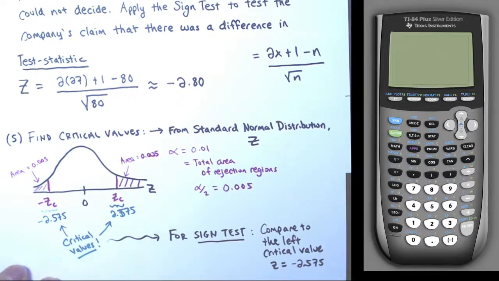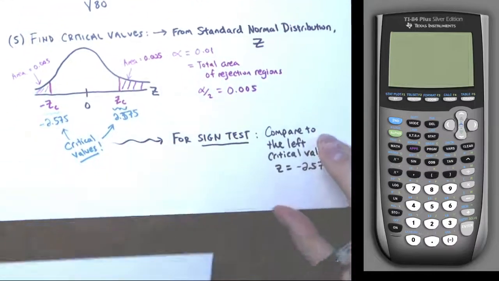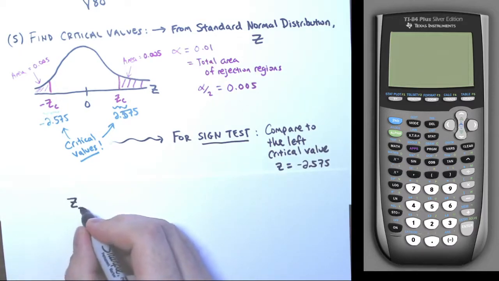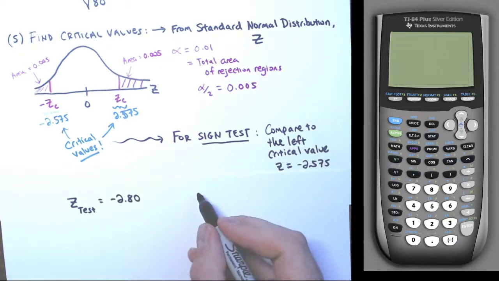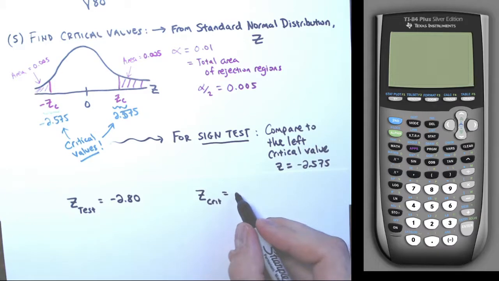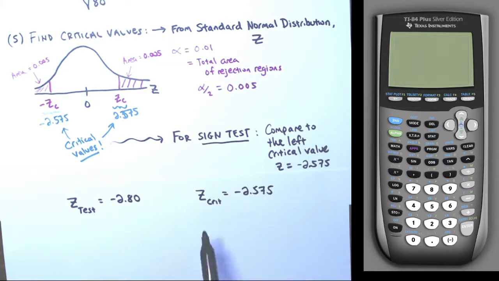All right, so let's do that. What was our test statistic? I said it was around up here, this negative 2.8. Right, Z test. Our test statistic was negative 2.80. Our critical value, I'll say Z crit. Again, I'm comparing to the left one, negative 2.575. And be careful with negatives, right?